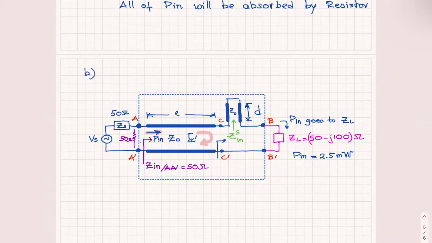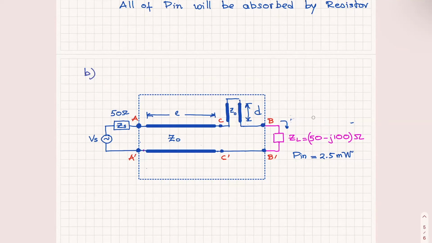I will remove some things: this, this one. I will put C prime here. I will remove this, this, and this one, and all of that here.